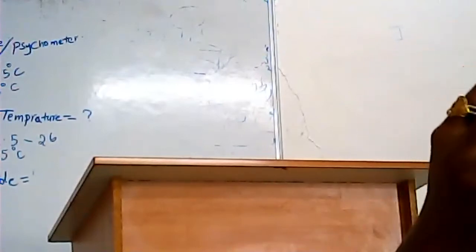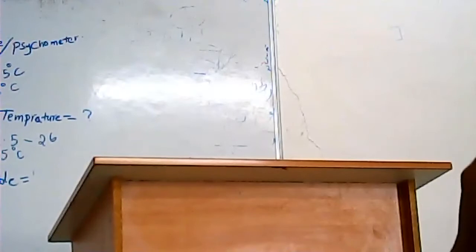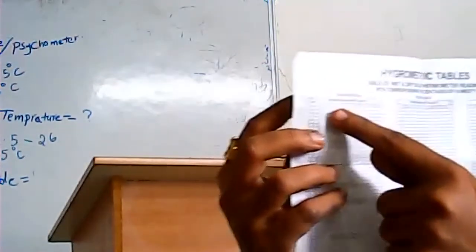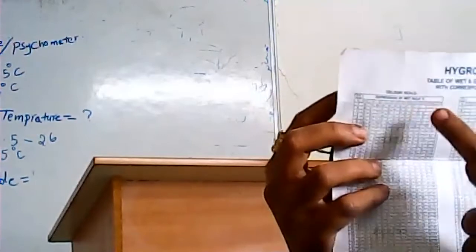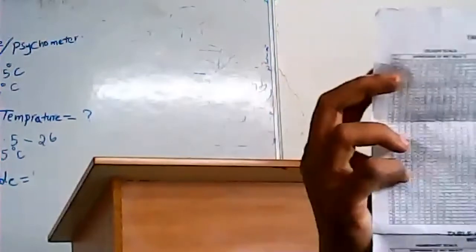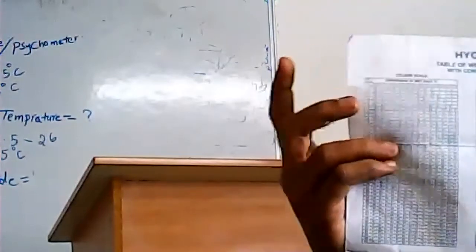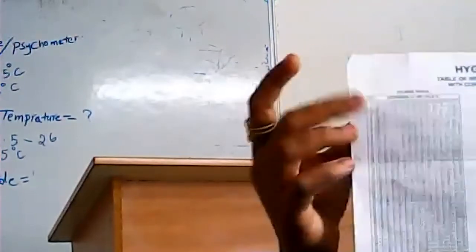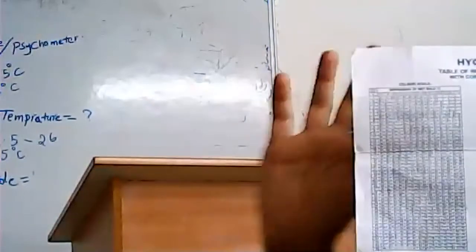And if you see this row, the depression of wet bulb is given. So if you directly see this chart, you will be able to calculate the relative humidity.